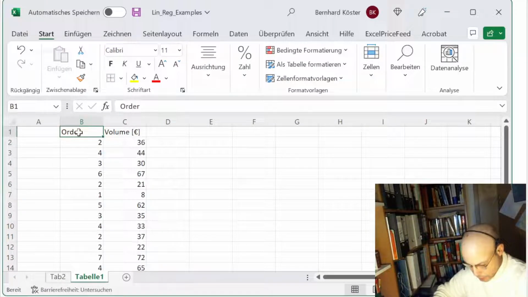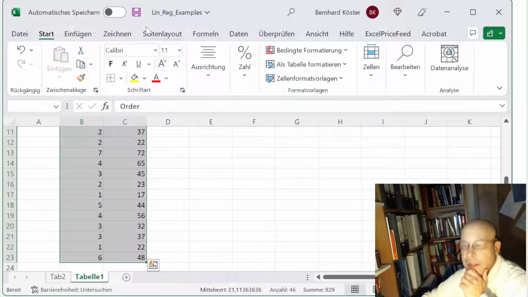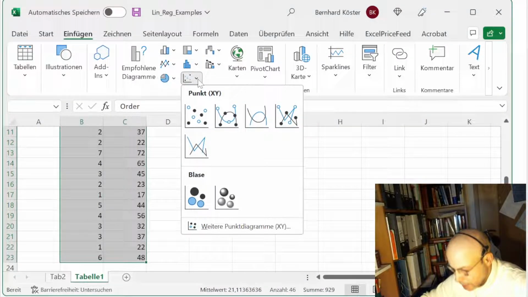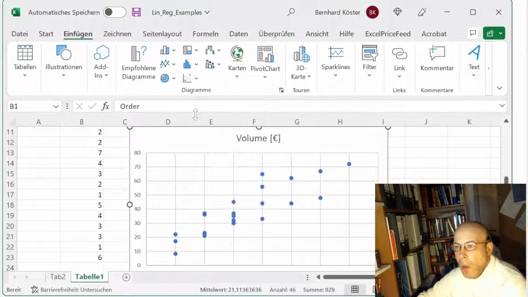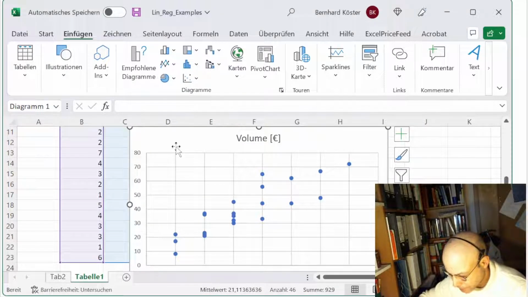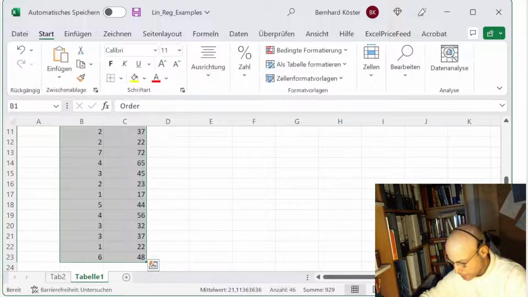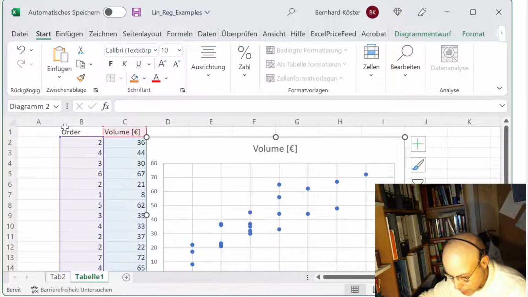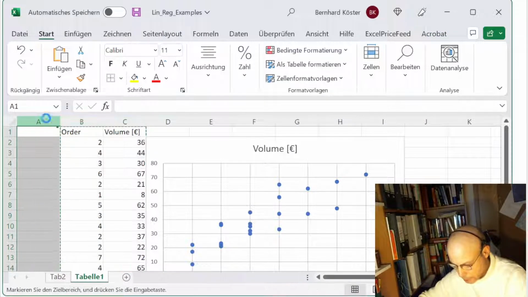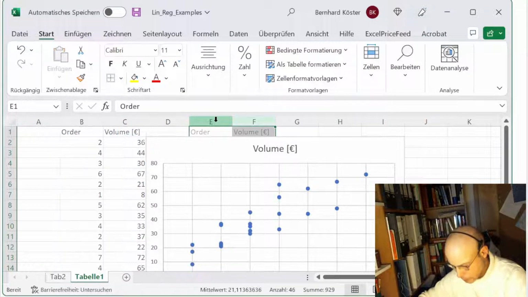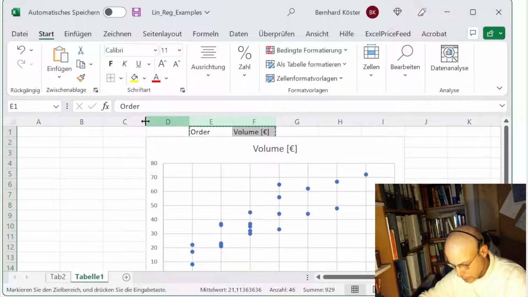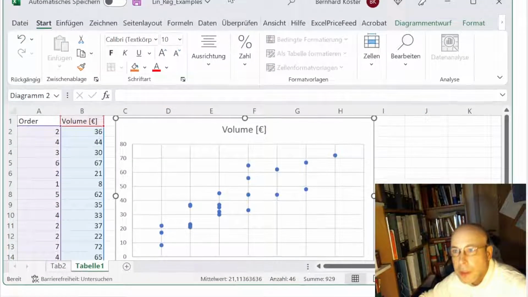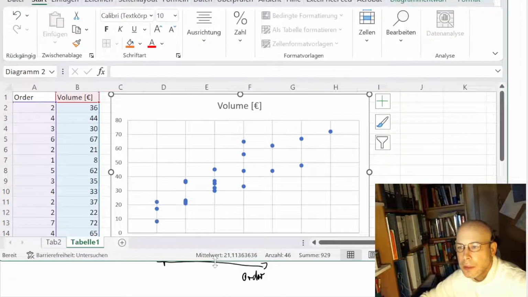And then, of course, we mark this data, and here is the possibility to show this data in a scatter plot. You can see it. Let's do it like this.